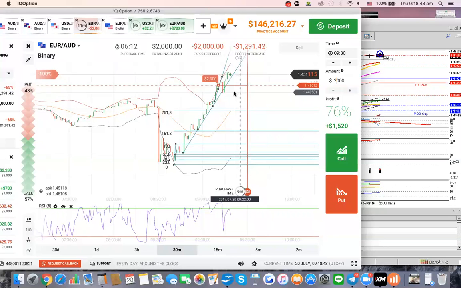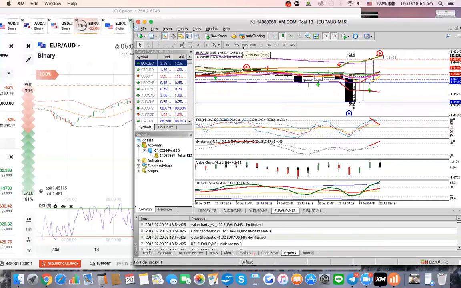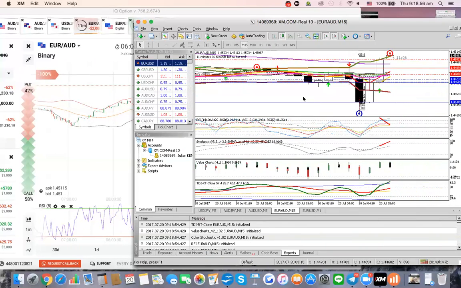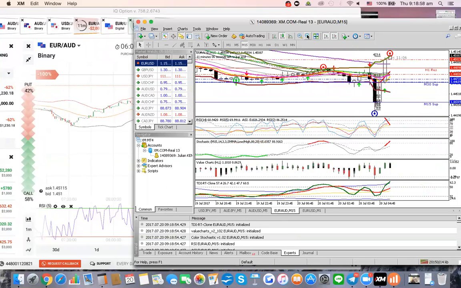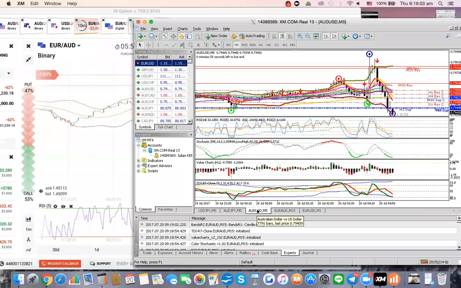Movements are quite big. Aussie USD similar setup.